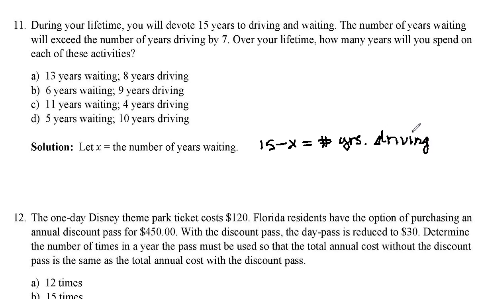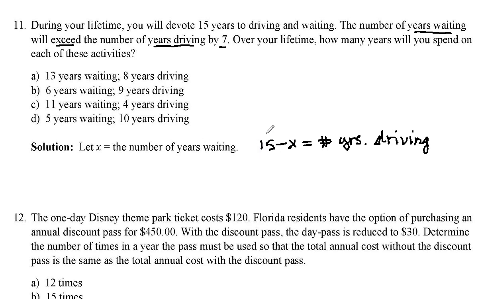So now we've got both quantities in terms of that one variable. And then we know that the number of years waiting exceeds years driving by 7. So if you take your years driving, add 7 to it, you're going to get years waiting.